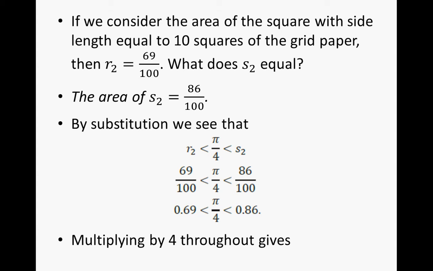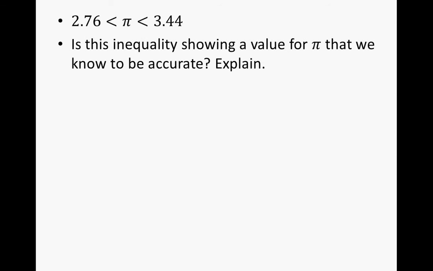Now we're going to multiply by 4. We want to get rid of our fraction and turn it into, in this instance, just pi. And so when we do that, we get 2.76 is less than pi, which is less than 3.44.